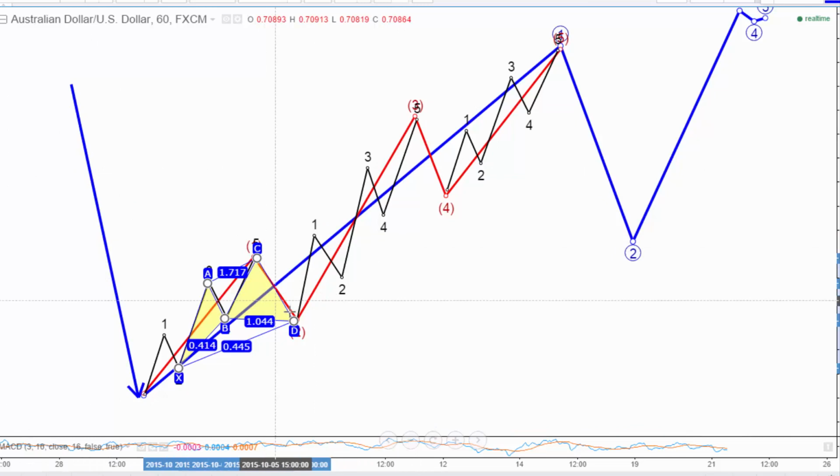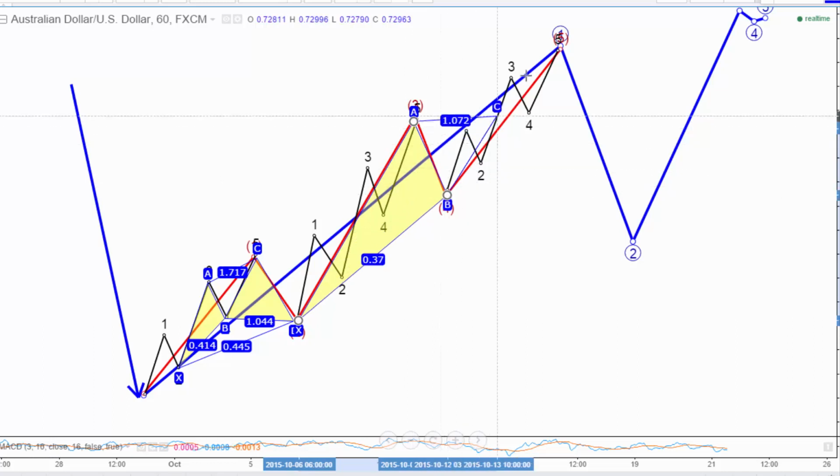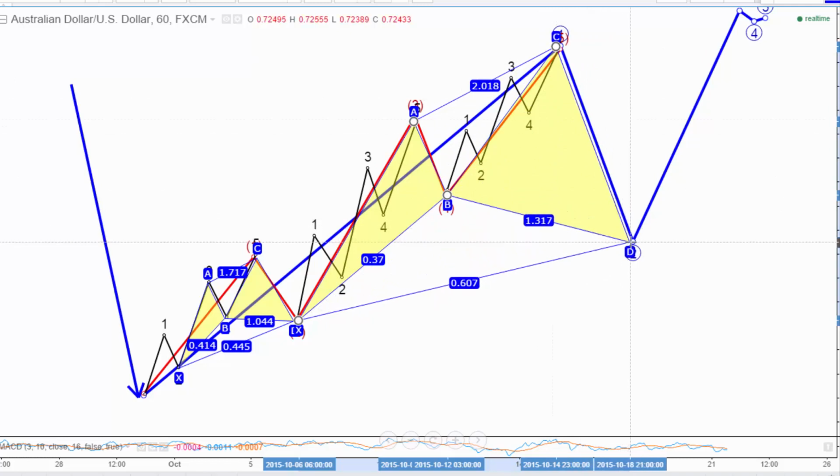We look at here, all right, here. Okay, we may even see something like this, and we see these retracements.